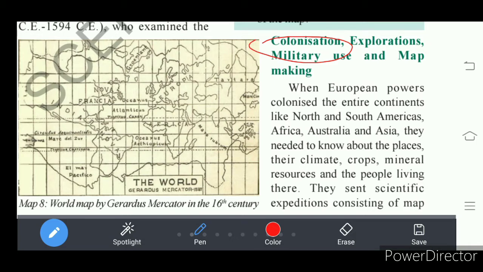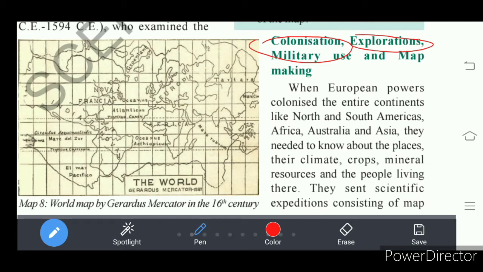Then what is exploration? Exploration in the sense of searching for what is not known. In the early days, many people did not know what was there in this world. They wanted to know the world unknown to them.